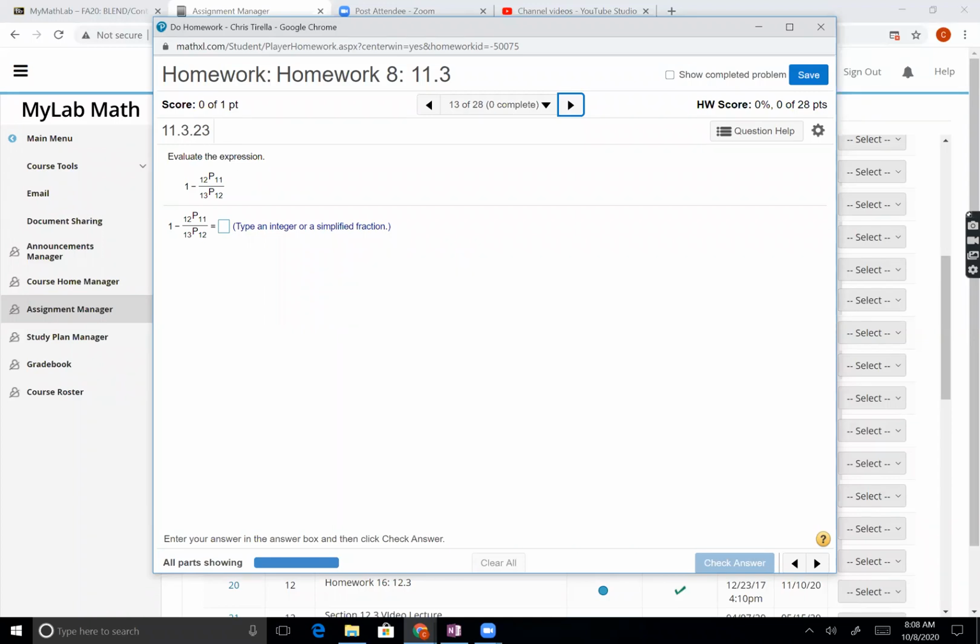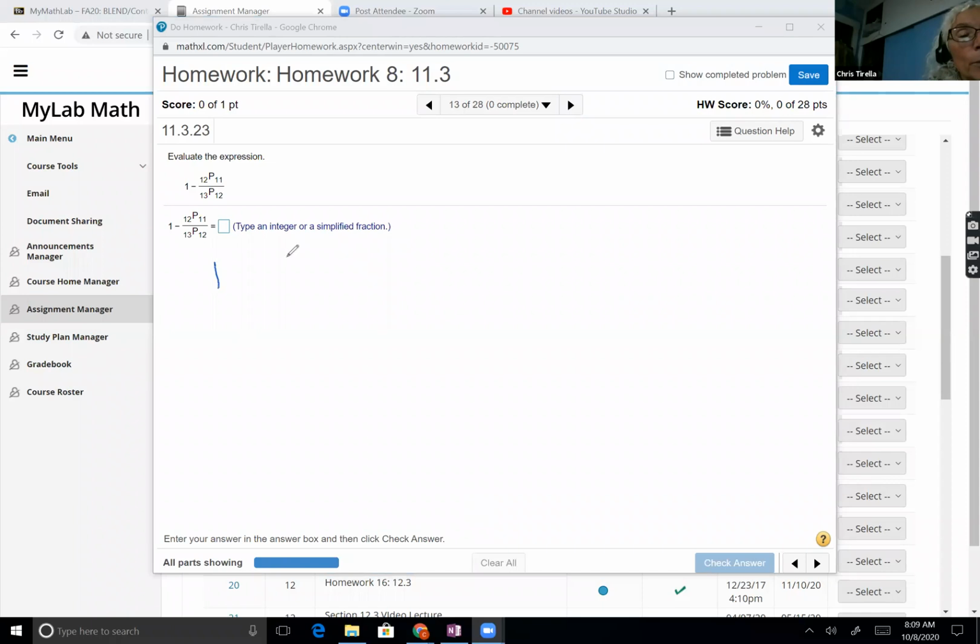All right. So what we've got is 1 minus 12P11 over 13P12. If you wanted to, you could use your calculator to figure out that 12P11 and that 13P12, but I'm not sure if it does overload or not.